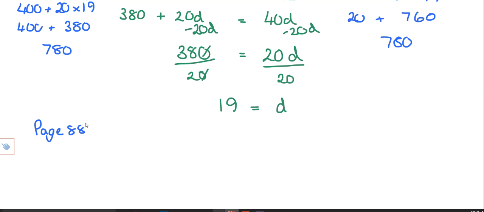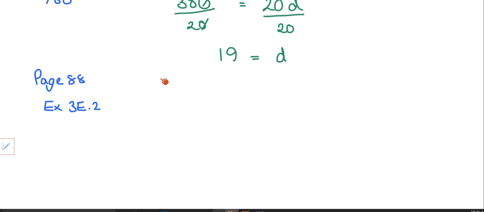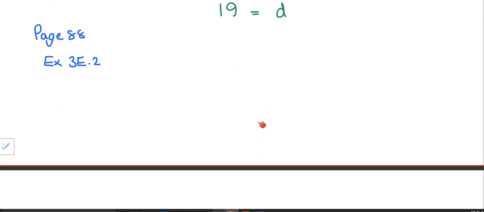Right, on page 88 you have exercise 3E.2. Do we do all the questions? So you're going to have a go at all of them. So do you want me to do one with you first? Or are you all good? Okay, actually, yes. Well, I tell you what, I'll do the first, the easy one with you.